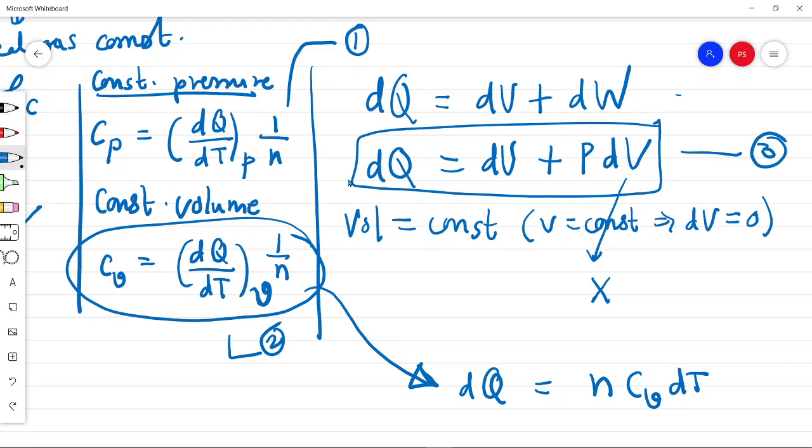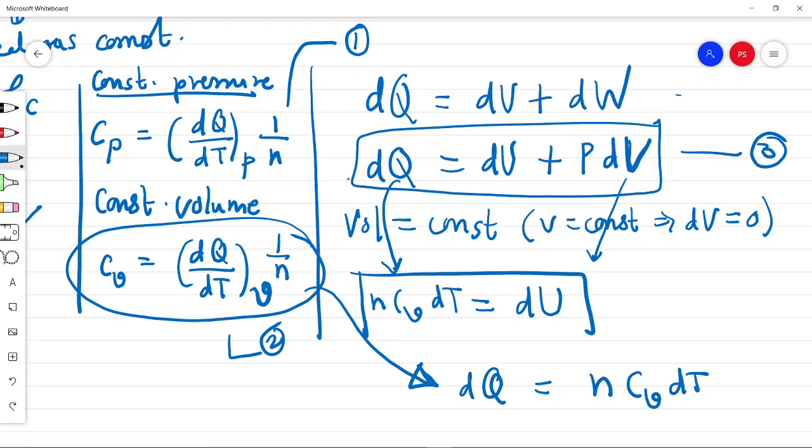This is just the rearrangement of the terms. So for this dq here, we should write n Cv dT is equal to dU plus 0, since dV is 0, the second term becomes 0. So what we are left with is n Cv dT is dU. Call it equation A.